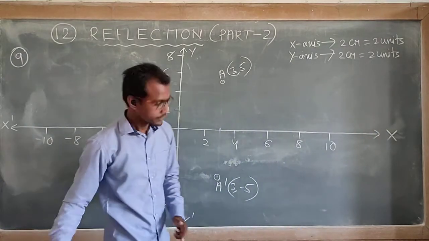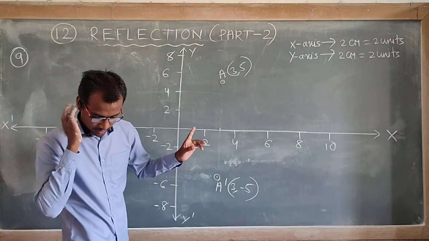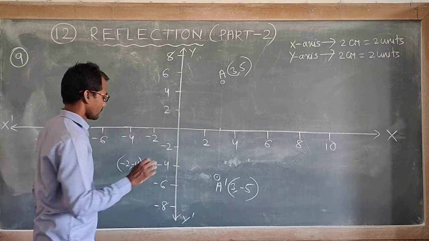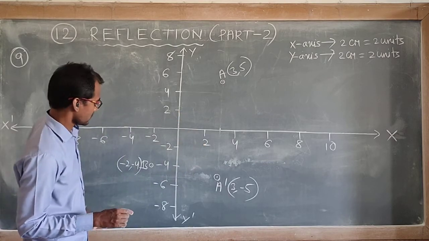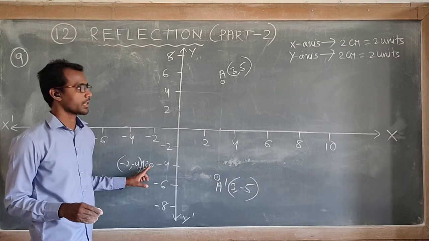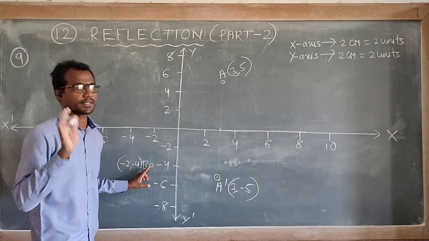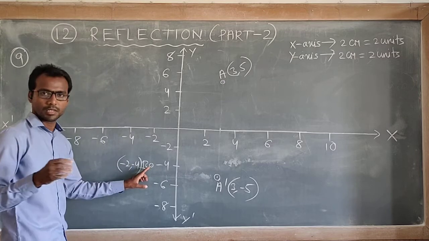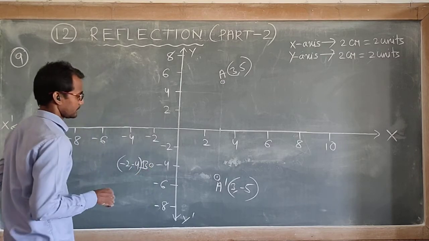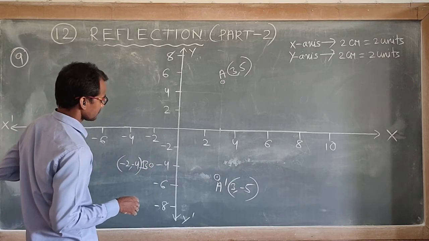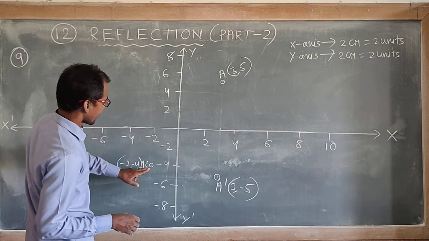So which point? B. Point B will be reflected in the y-axis and then in the origin, or directly in the x-axis. So let us reflect in the x-axis. So -2, -4.